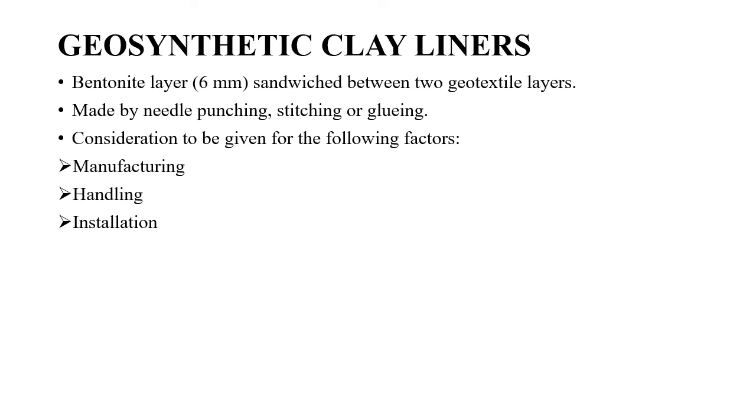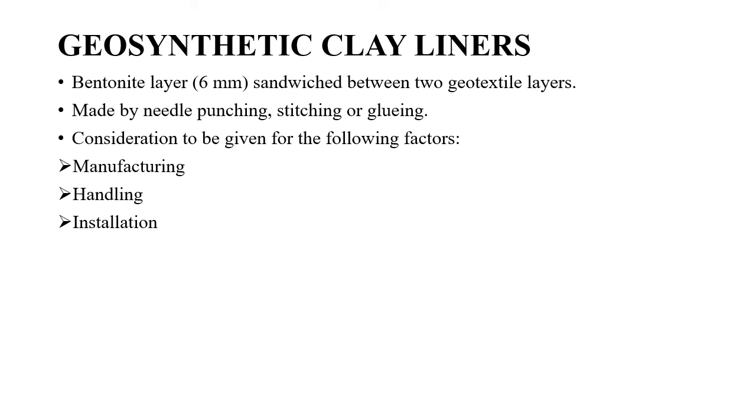Now, once you prepare the geosynthetic clay liners, these will be available in the form of rolls or sheets. Then you have to cover these GCL rolls with a waterproof plastic material once you have manufactured it. Regarding the handling, obviously it includes packaging, storing and transportation, so the specific requirements to be met while packaging and transporting of these materials have to be followed.